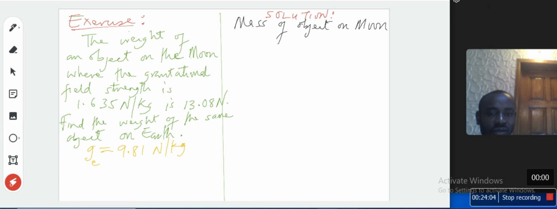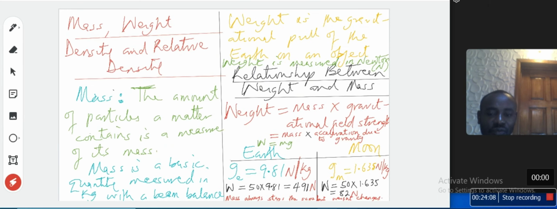Remember, weight is equal to mass times g. So how do you find M? If W is mg, make M the subject of the formula. That should be W over g.